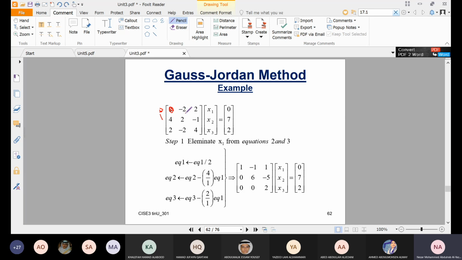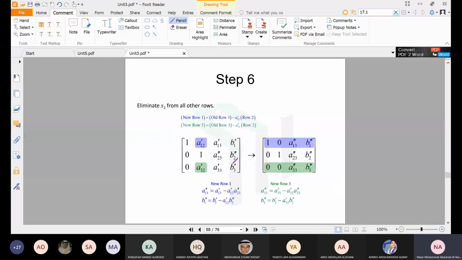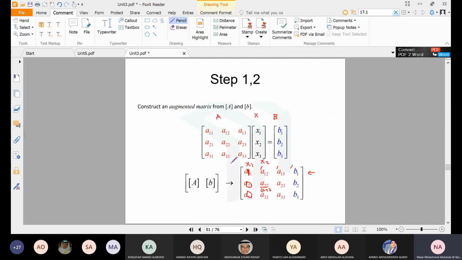Also, if the value here is very, very small, for example 10 to the power minus 6, almost 0, and very small compared with the others, sometimes we do pivoting, either partial pivoting or scaled pivoting. At the beginning we said that we can modify the steps.